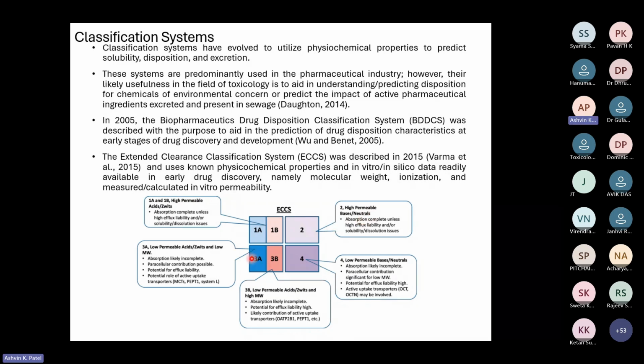Class 3A is low permeable for acids, and class 3B is low permeable acids with high molecular weight. And class 4 is low permeable bases, where absorption is likely incomplete, paracellular transport contributes significantly for low molecular weight compounds, and active uptake by the OCT transporter may be involved.